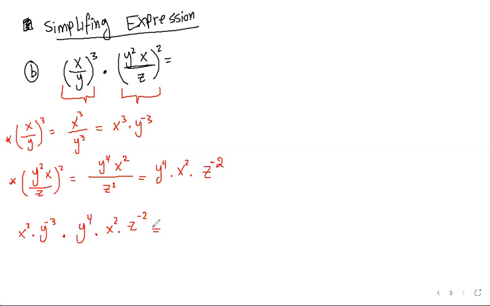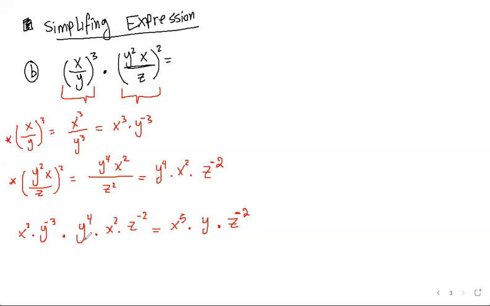What does that equal? x to the fifth, times y to the 1, times z to the negative 2.